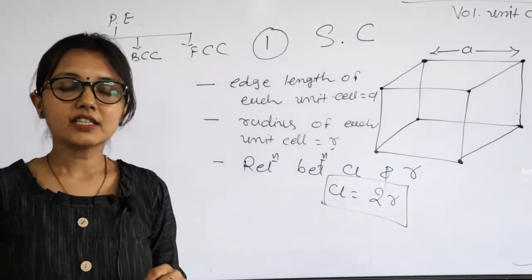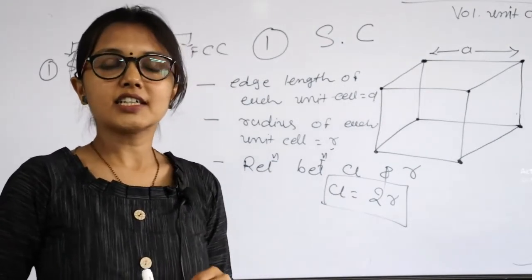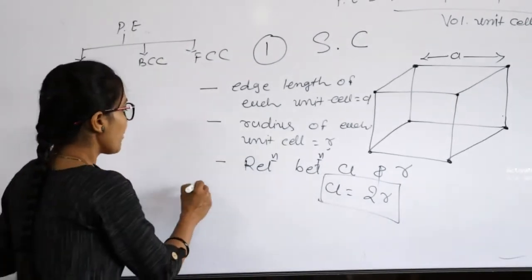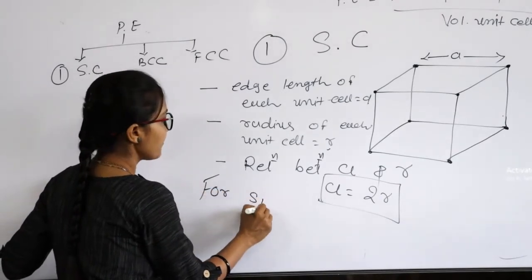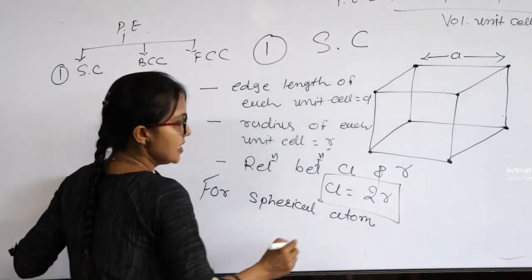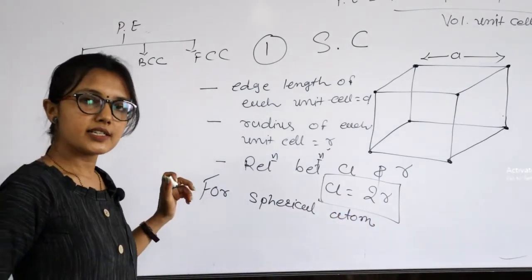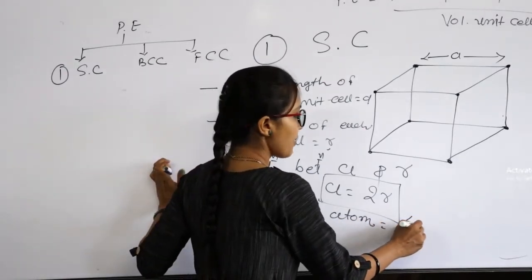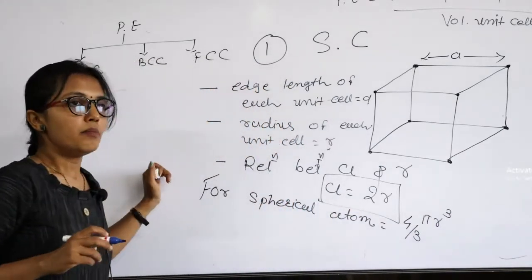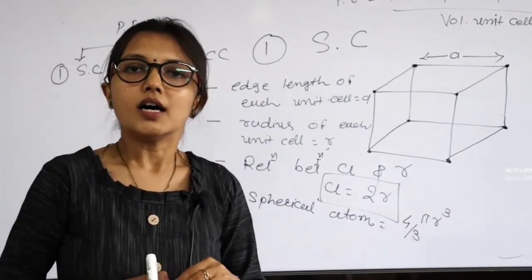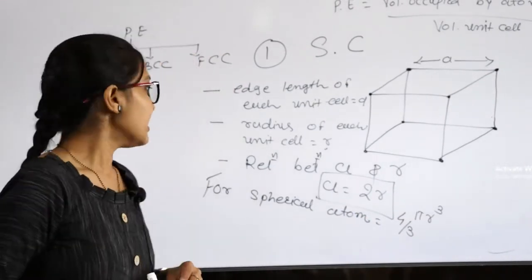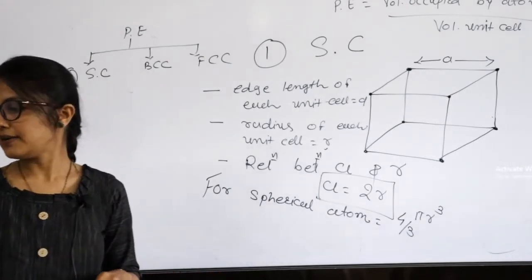Volume occupied means, there is one general formula for a spherical atom, this is the general formula: 4/3 pi r cube. Maybe you also learned this in mathematics, that's why this is a general formula.